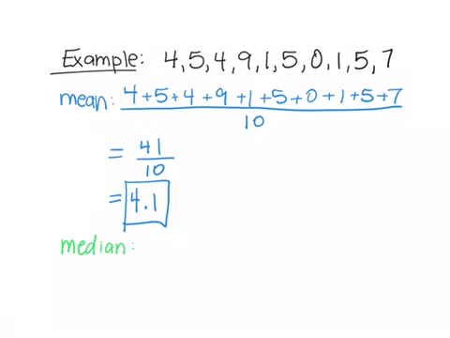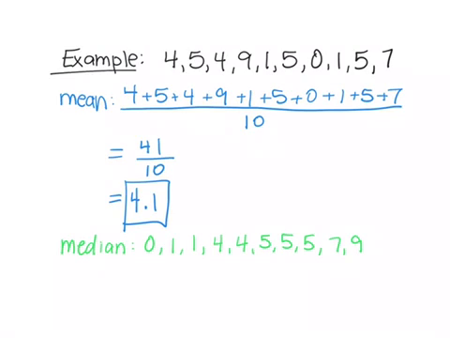So I'm going to start by rewriting this list so that these values are in order from least to greatest. So there's your data listed, same exact set of values, just now they're listed from least to greatest.